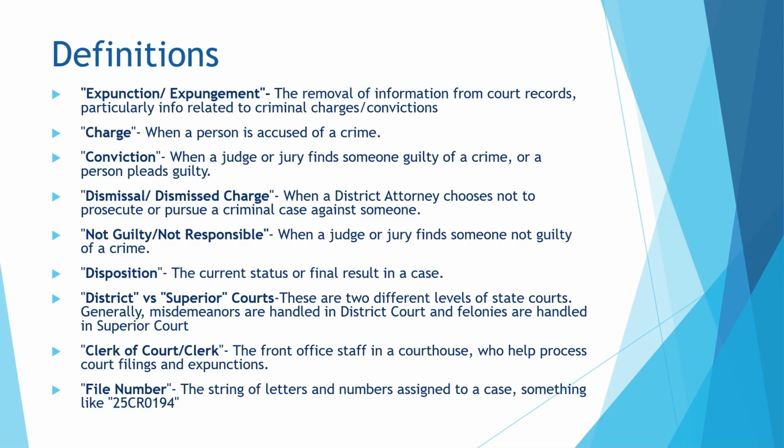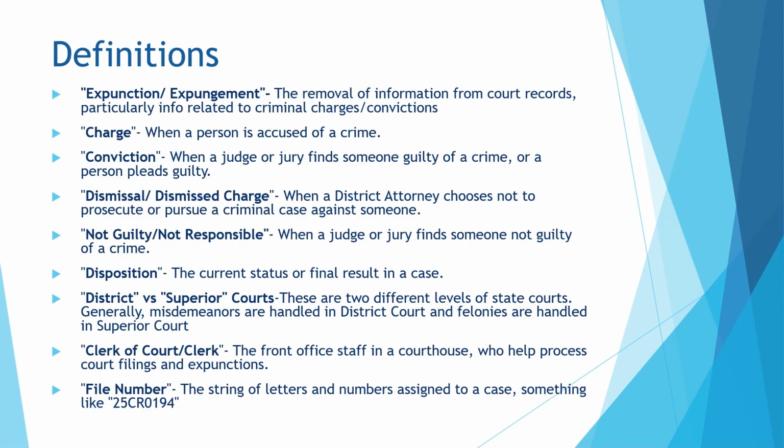In this case, we are talking about a smaller set of charges, what's called a dismissal or a dismissed charge. That's when usually the district attorney chooses not to prosecute or pursue a criminal case. They are going to dismiss the charge. They're saying we don't have enough evidence, or whatever reason they have. They did not take you to trial. A jury did not find you guilty.